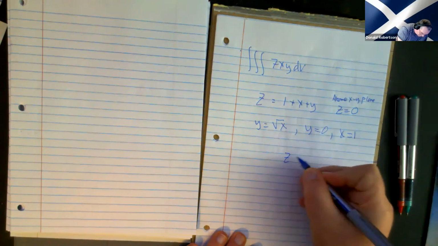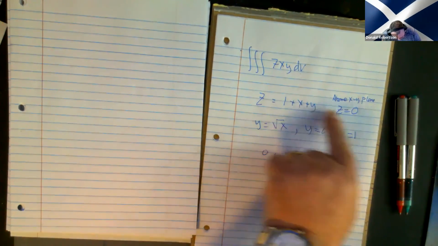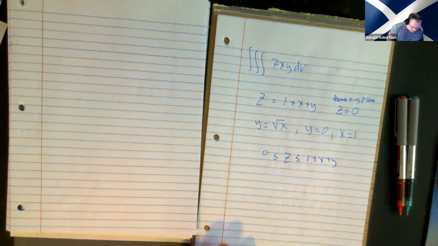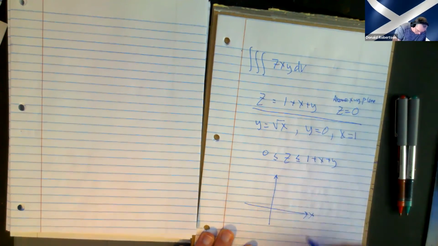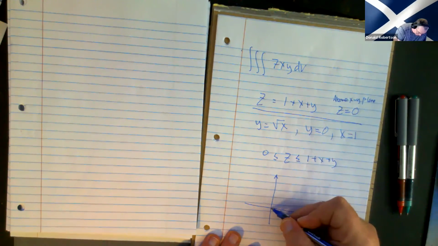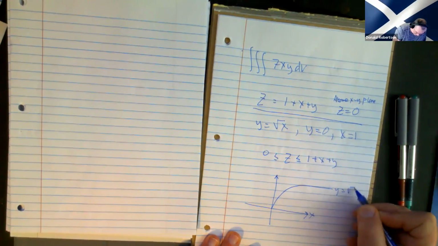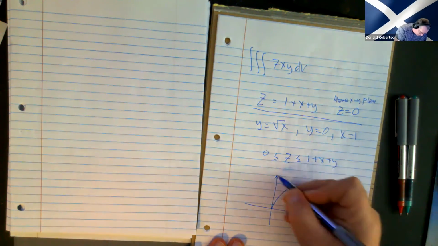So I now know the z's. Z is this guy, and above the xy plane told me that guy. So let's focus on this. On the floor then, we have y equals the square root of x, which looks like that. What axis is y equals 0?